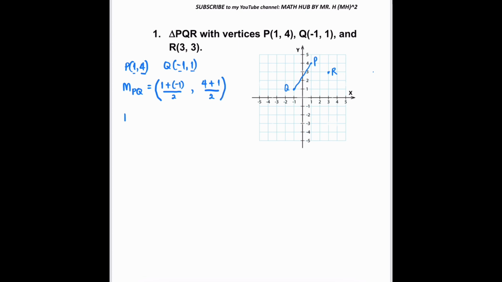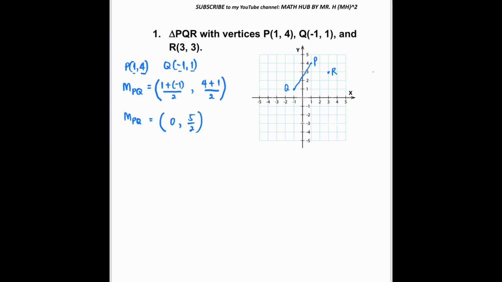And we simplify that. So midpoint of segment PQ will be equal to, so 1 plus negative 1 is 0. 0 over 2, 0 divided by 2 is 0. 4 plus 1 is 5 divided by 2. It's 5 over 2. So that means that the midpoint of segment PQ is at 0 comma 5 over 2.